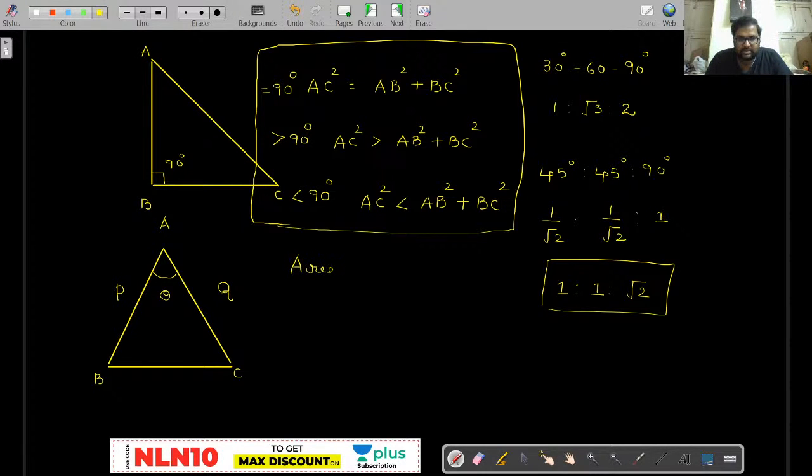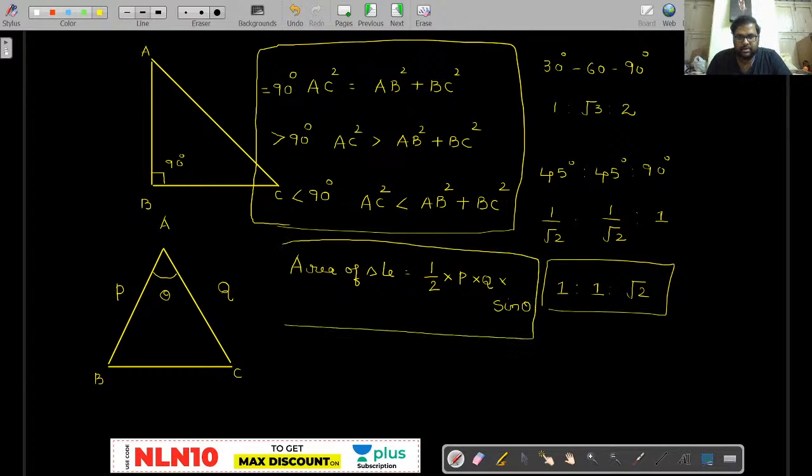Any idea of this? Now what will be the area of the triangle? Anybody? Half into P into Q into sine theta. Now this will be the area of the triangle. Now you got my point there? This is one more basic.